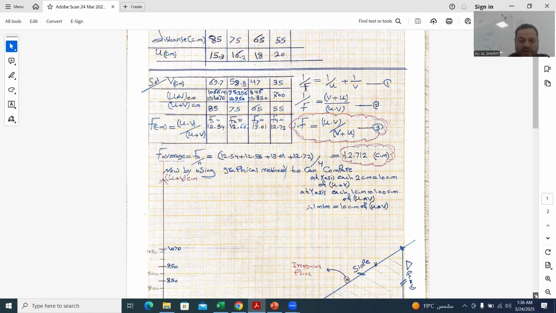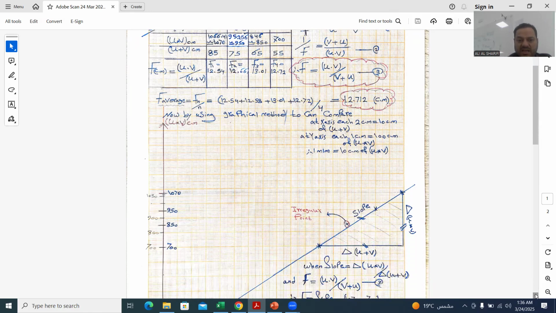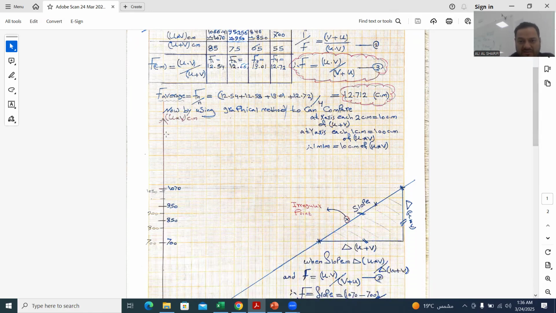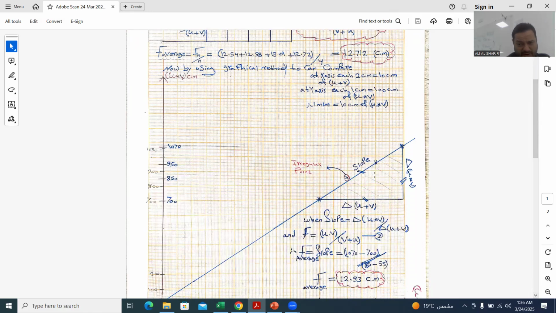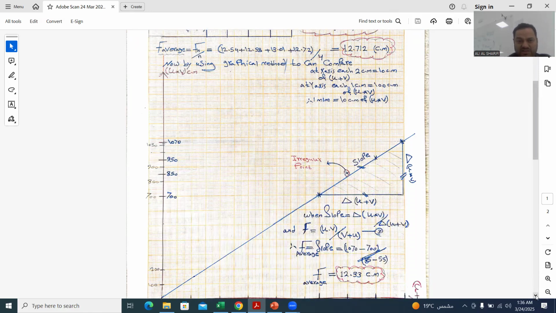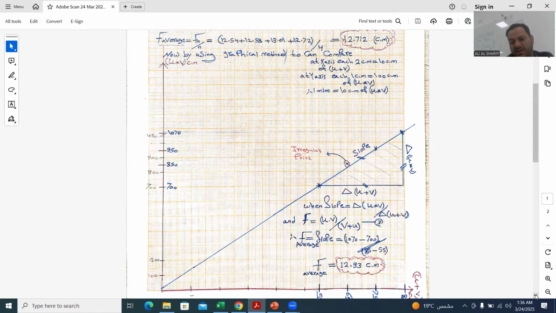Now let's use another way to know whether our solution is right or not by using the graphical way. Let's say uv at the y-axis from the function and u plus v at the x-axis. By that, the slope from the math function equals delta uv divided by delta (u plus v).